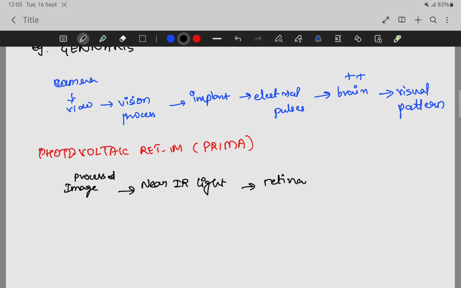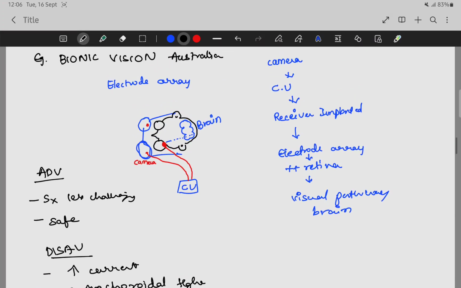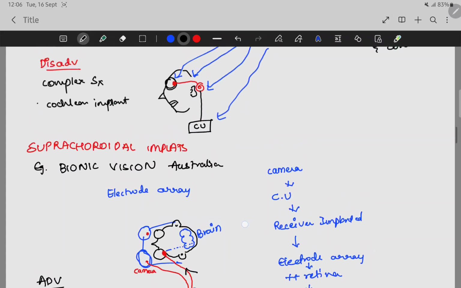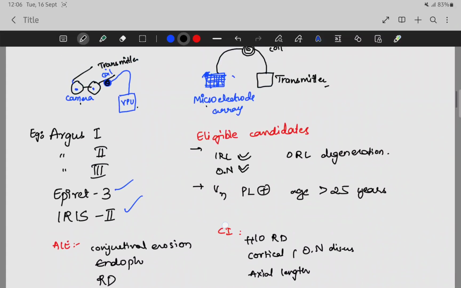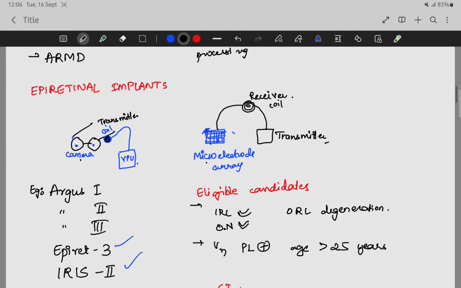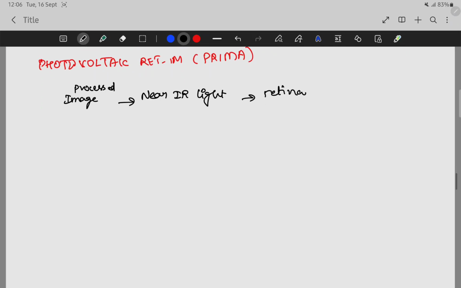So instead of using a transmitter to send these impulses into the eye, as in all we have seen, where a transmitter sends it into the receiver, that is being eliminated here.